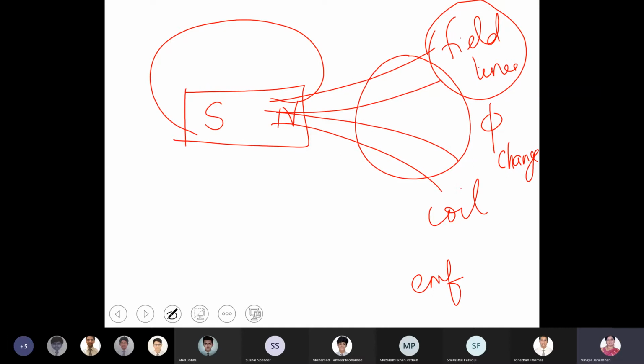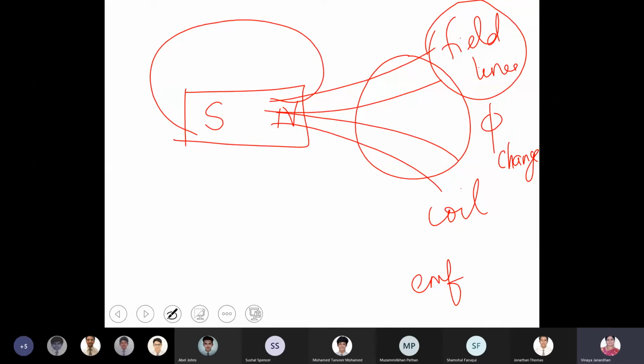When we started with this chapter of magnetism, long back it was thought current electricity was a separate branch of physics, and magnetism was a separate branch of physics. Then Hans Oersted experimented and showed that a current carrying coil can produce a magnetic field. This is what we started with. A current carrying conductor produces a magnetic field.